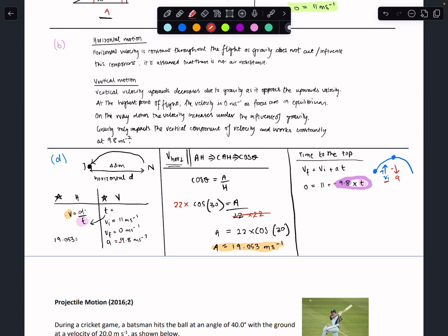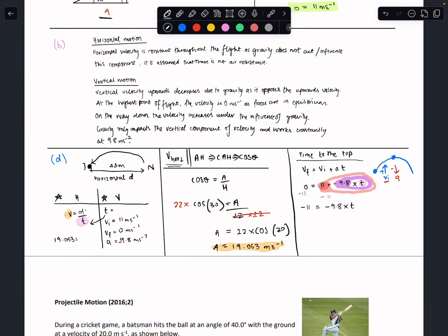And so to get to time, we need to remove the outside layers first before we get to time and isolate it. So the first layer I'm going to peel back is this plus 11. So to get rid of plus 11, I minus 11 on this side. That means I have to minus 11 from this side. So 0 minus 11 is minus 11. And then what I'm left with is negative 9.8 times time.